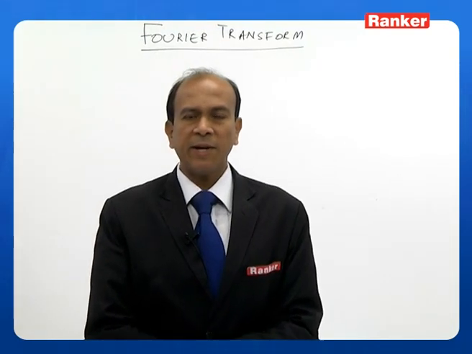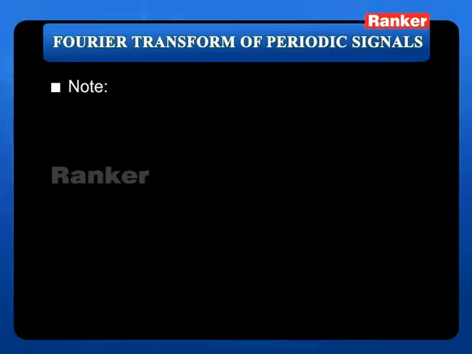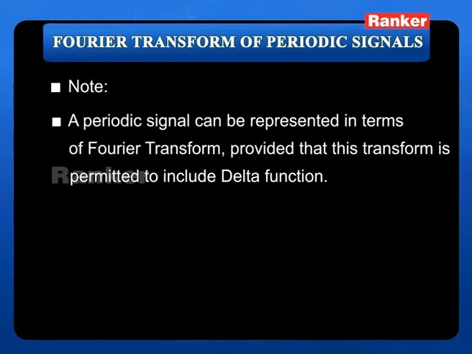Now, let us see Fourier transform of periodic signals here. A periodic signal can be represented in terms of Fourier transforms provided that this transform is permitted to include delta functions. Okay. The Fourier transform of a periodic signal consists of delta functions occurring at integer multiples of the fundamental frequency 1 by T naught, including the origin.